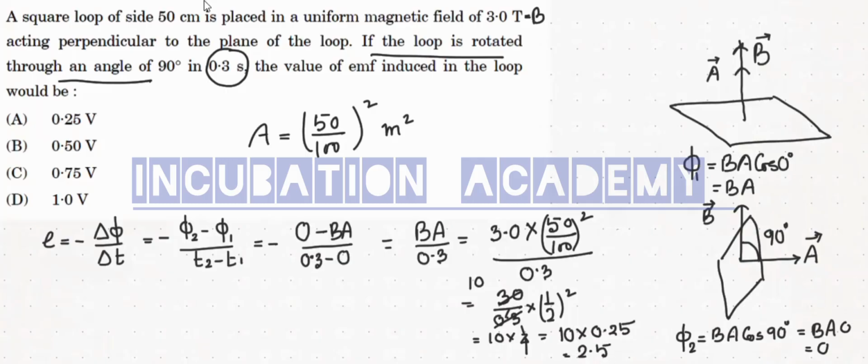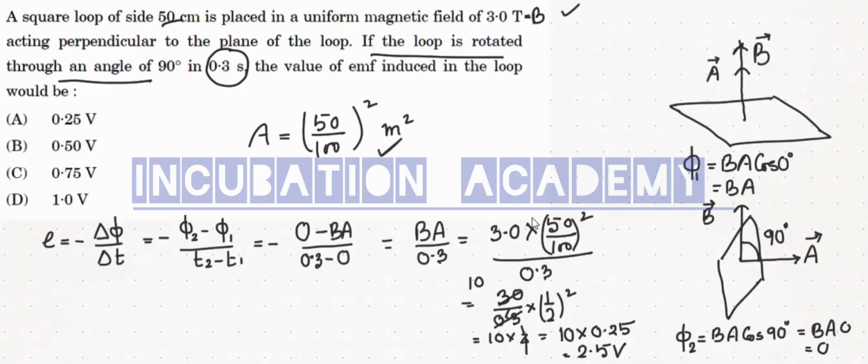Let us check whether we have made any mistake. The side is 50 centimeters, which we converted into meters, 50 divided by 100 square, so the area is calculated correctly. The magnetic field B is 3 Tesla, and the time is 0.3 second, both taken correctly.